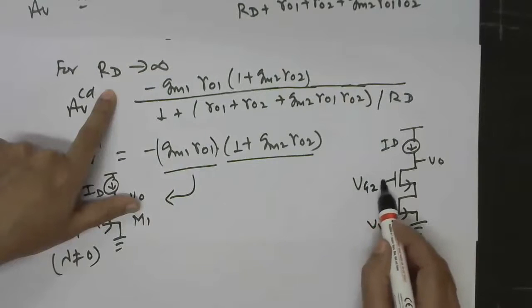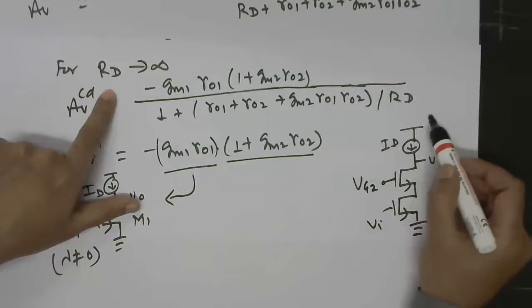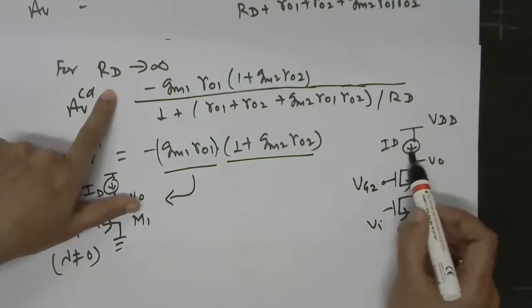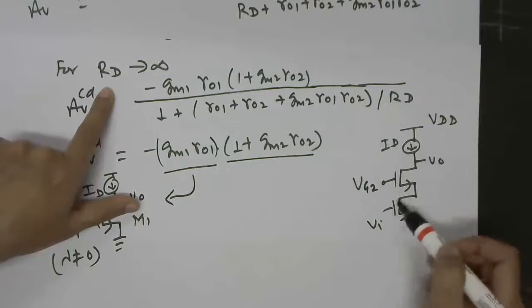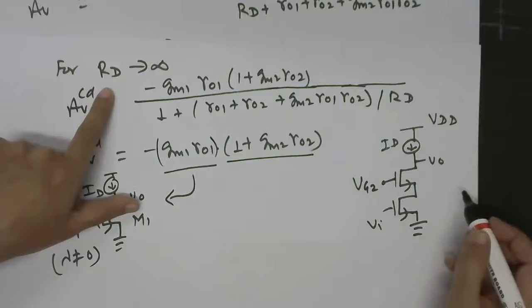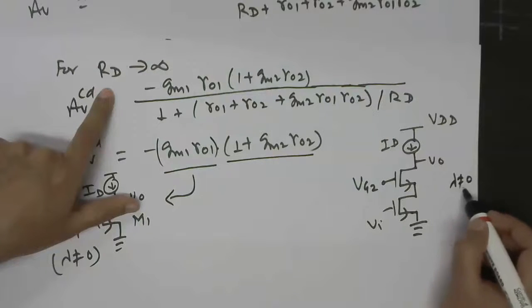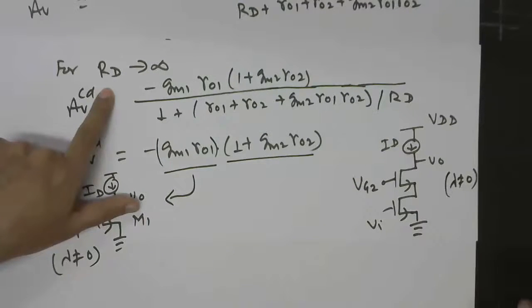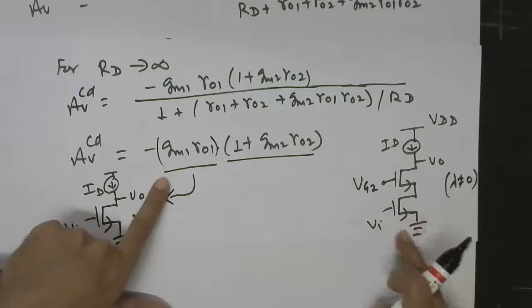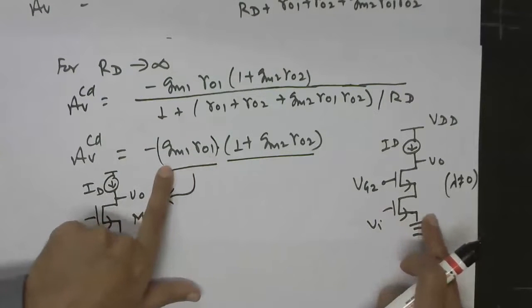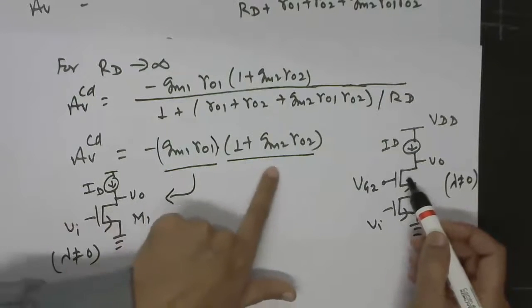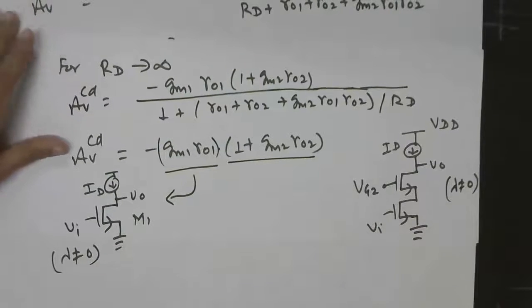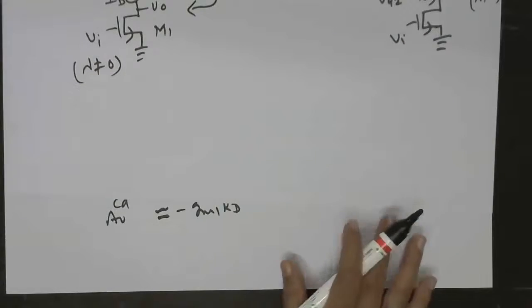So this is DC, and then we have ID in place of RD, and that's how RD becomes infinite impedance. And now we want to know what the voltage gain is, and for both the transistors, lambda is not equal to 0. So we have already seen that the bottom one will give rise to this factor. Then you can possibly guess that the second MOS will give rise to this, but we can quickly work it out to see that indeed that is the case.